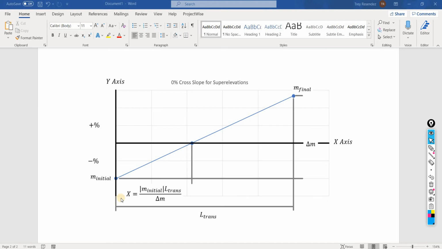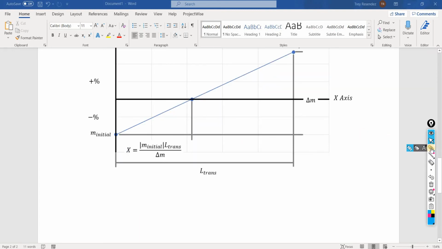So what we have here for our x is the formula to find the distance from the beginning of our transition to the 0% cross slope. And all that the plus and minus mean is, let me show you what a minus means here and then a plus means here.